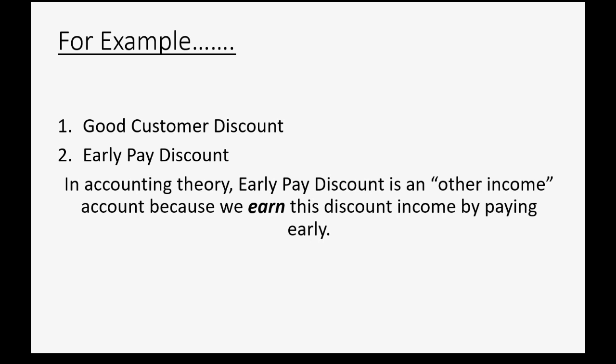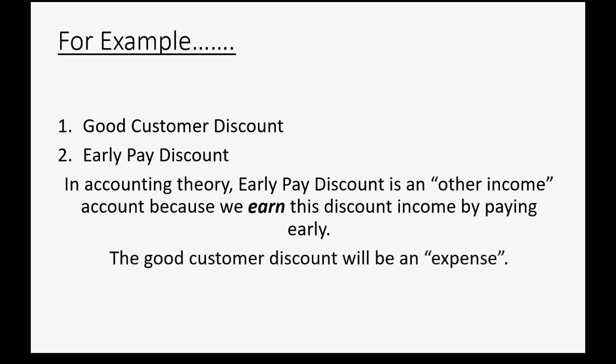Now, in accounting theory, early pay discount is an other income type of account because we earn the discount income by paying early. However, the good customer discount we will put on the list as expense type of account.